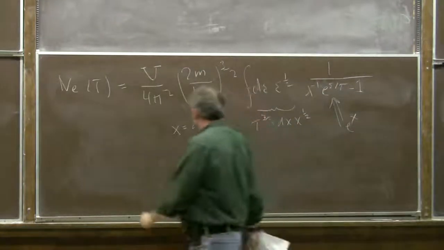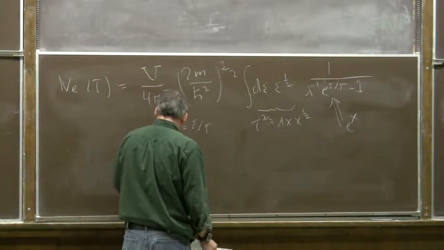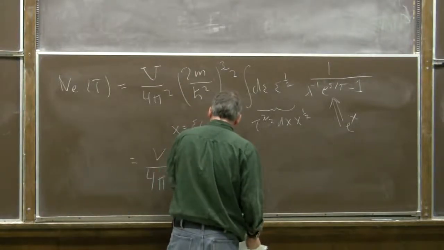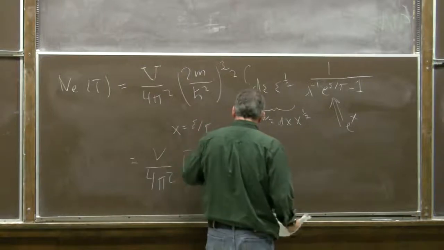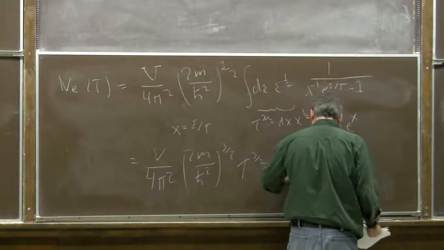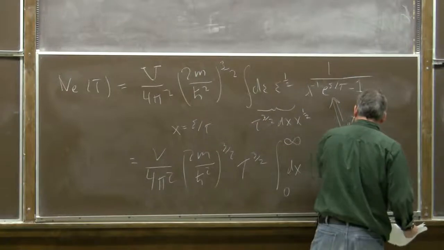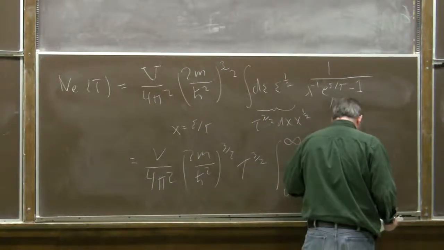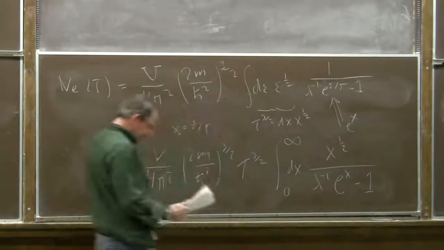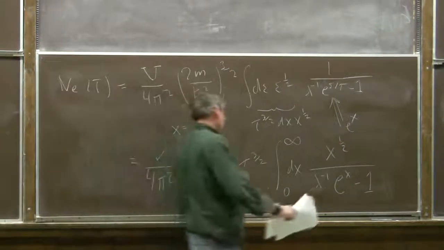So I take out a tau to the 3/2, and now we have 4 pi squared in the denominator, volume in the numerator, 2m over h bar squared to the 3/2, temperature to the 3/2, integral dx. We're integrating from 0 to infinity, x to the 1/2, divided by lambda inverse e to the x minus 1. So this is some dimensionless function of the activity lambda.